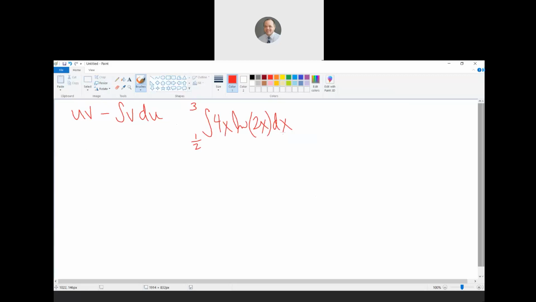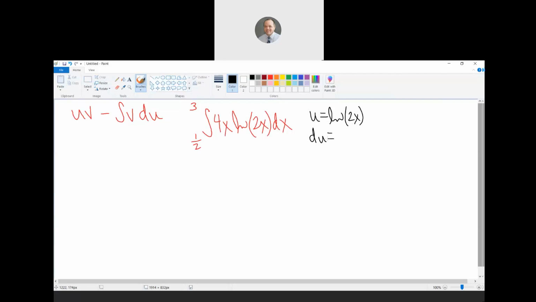Now, we don't know the integral of natural log of 2x without relying on a formula. But we do know the derivative. So let natural log of 2x be our u, because we can take the derivative of that.